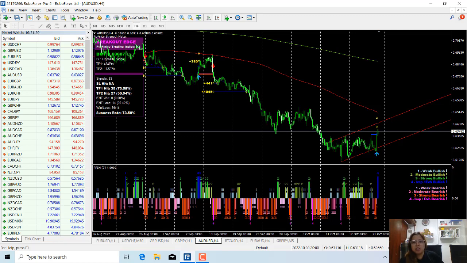Usually if it touches the 200 SMA and it breaks it, what will usually happen is it tests this 200 SMA level, and if it really wants to break out from the 200 SMA, the next target will be the 800 SMA. But it's too early to say that, because we need to first break the 200 SMA before we reach the 800. We will see what the markets will do in the incoming weeks. So for AUDUSD, I'll be looking to buy.